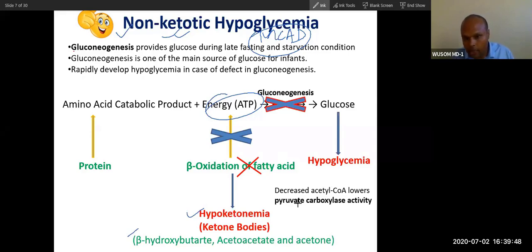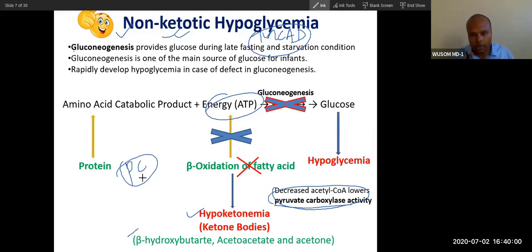And this also contributes, because I have told you pyruvate carboxylase is an enzyme. If you remember, pyruvate carboxylase converts pyruvate into oxaloacetate, and oxaloacetate is very important for gluconeogenesis also. The stimulator of this enzyme is acetyl coenzyme A, which is derived from beta oxidation.